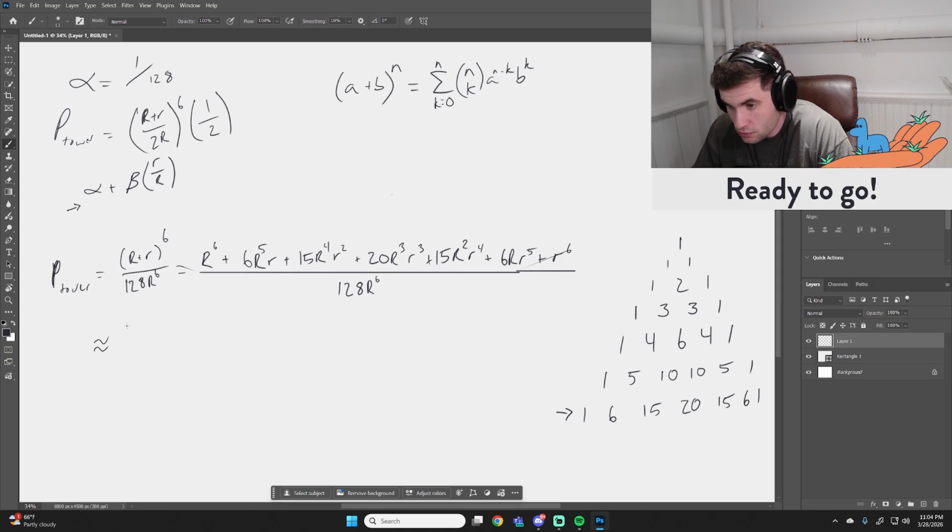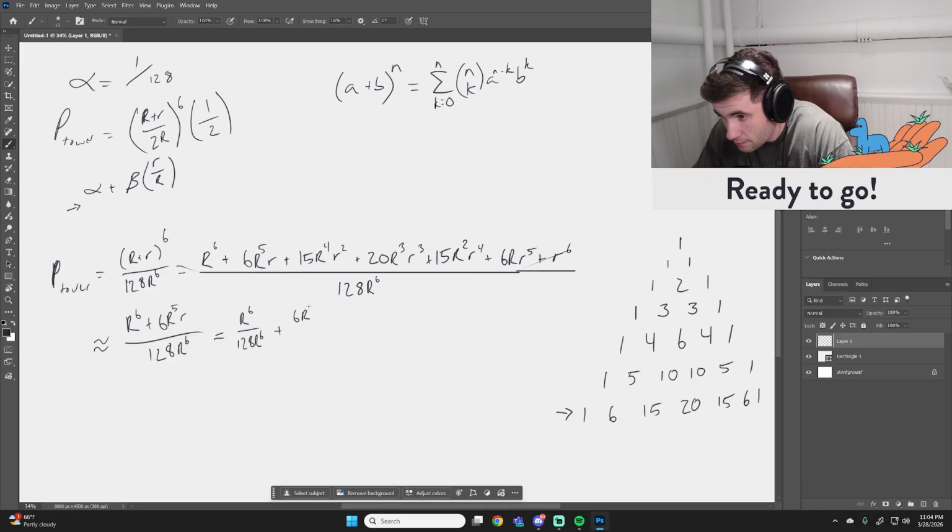It's approximated by r to the 6th plus 6r to the 5th r over 128 big R to the 6th equals, so that's going to be r to the 6, big R to the 6th over 128 big R to the 6th plus 6 big R to the 5th little r over 128 big R to the 6th, right?